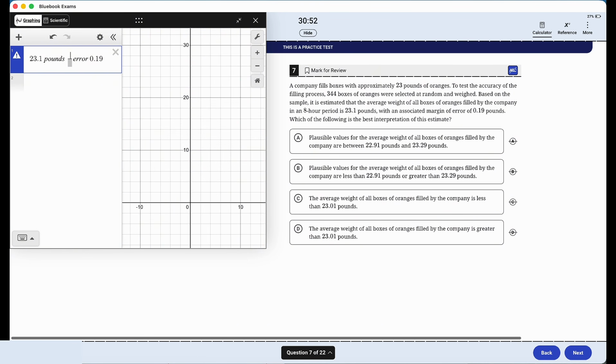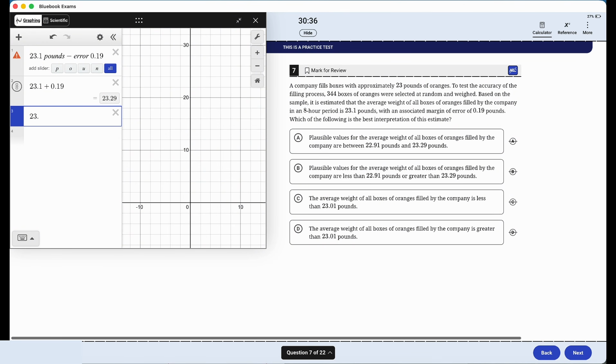So the way you use this is we're going to set up a range. Anytime it's margin of error, just think plus minus. So we're going to take 23.1 and say we can have 0.19 pounds more, or we can have 0.19 pounds less. That's what margin of error does. It establishes a range. This is the most likely range, and that's what you're looking for in an answer choice, that it's probably between these two numbers.